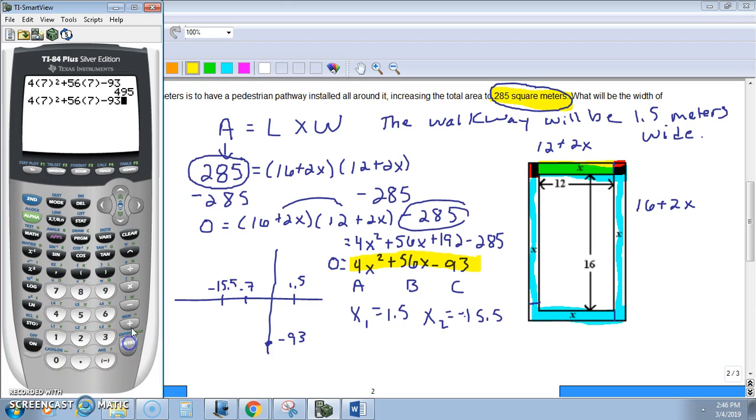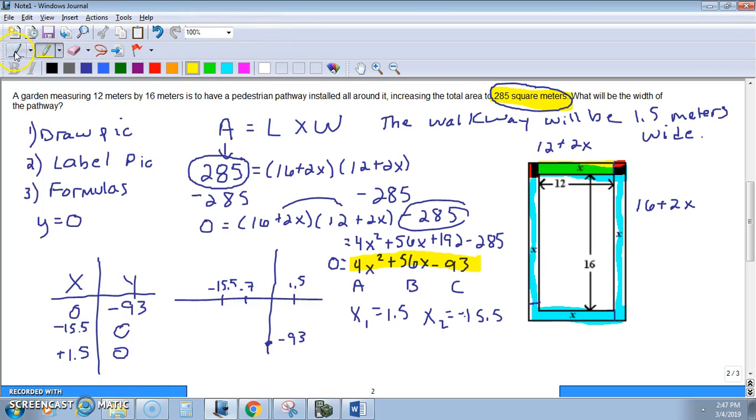I didn't put negative 7. It's important. Now we've got to be second insert negative 7. Second insert negative, enter. Good, negative 289.